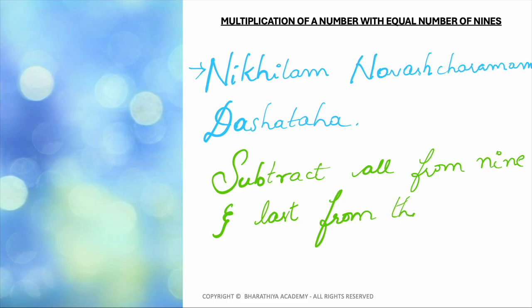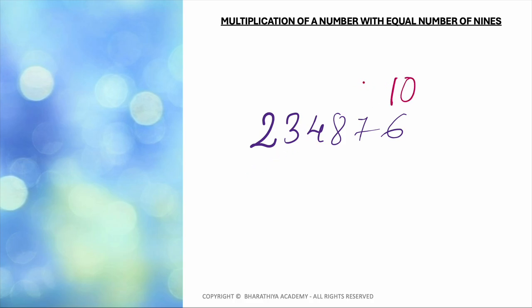So that's the concept. Subtract all from 9 and last from 10. Whenever somebody tells you to apply the Nikhilam Navatascharamam Dashataha sutra, let's say for the number 234876, you will write 10 on the last digit and 9 on the remaining digits and simply subtract.